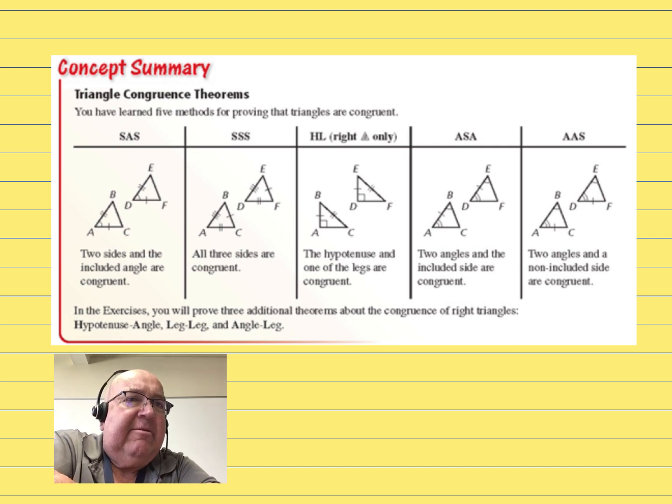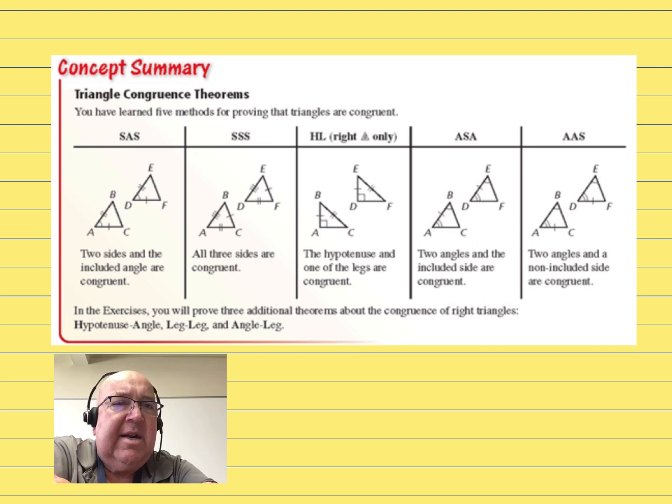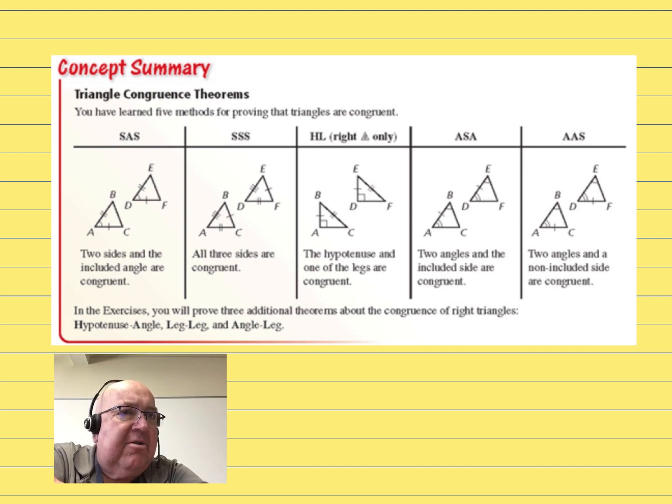If we have the hypotenuse of a right triangle and a leg of a right triangle being congruent in two triangles, that's the hypotenuse leg. Somewhere there's going to be a leg theorem for right triangles and an angle leg theorem that would have been brought out in the exercises. I won't test you on those because we didn't do those.